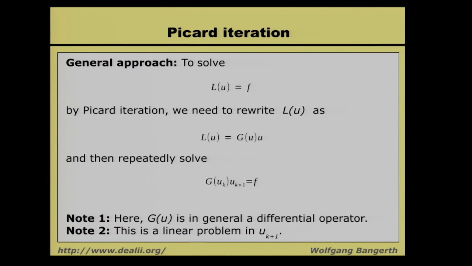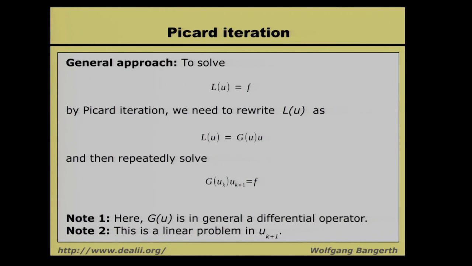In general, this g of u, this whole thing, will be a differential operator that acts on u_{k+1}. So it is not just something that acts on this argument u, but it acts on whatever comes after this. And the other important part is that this is a linear problem in u_{k+1}.